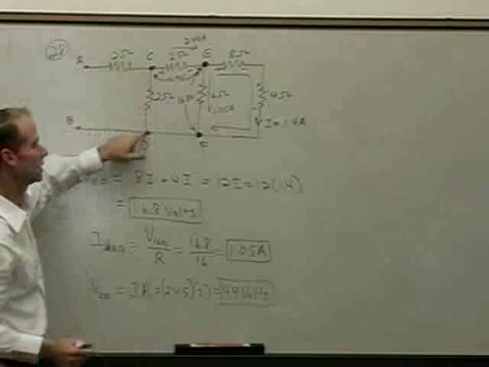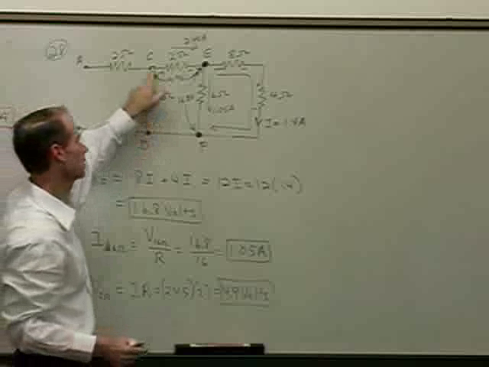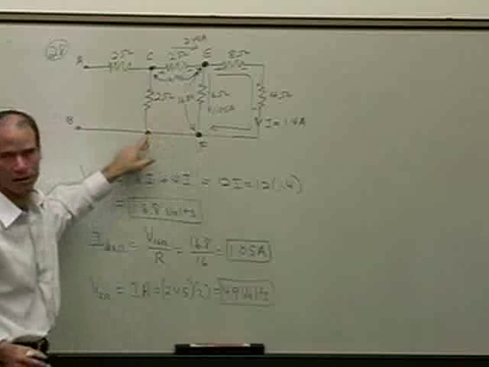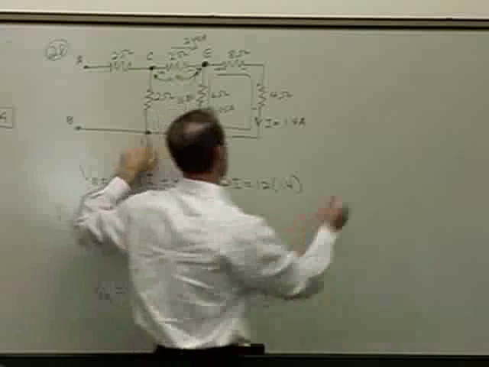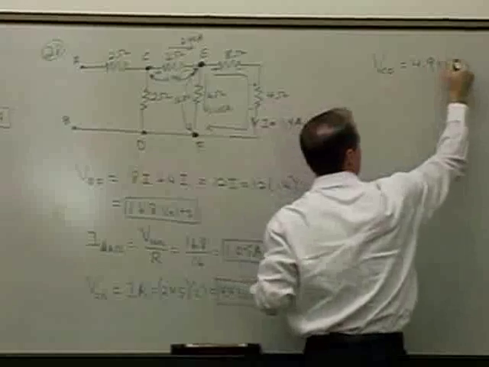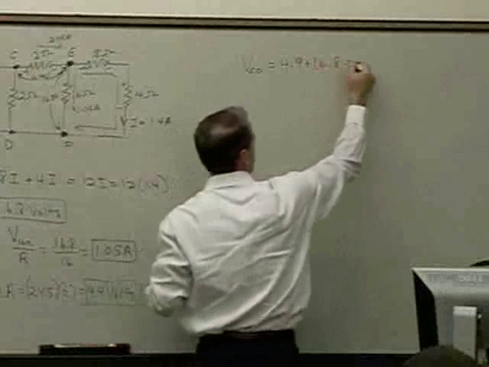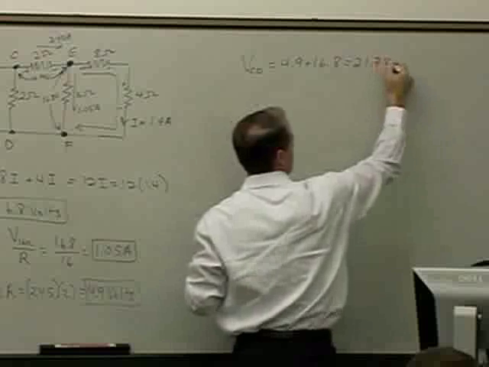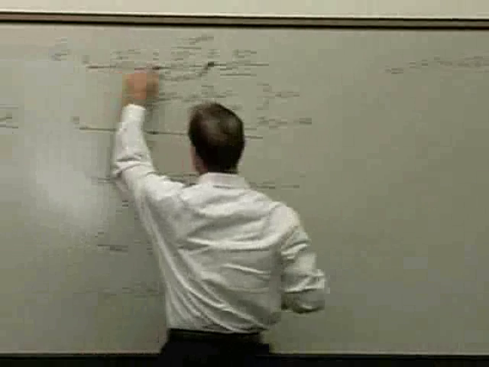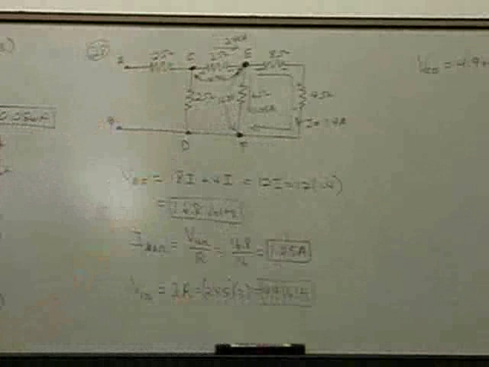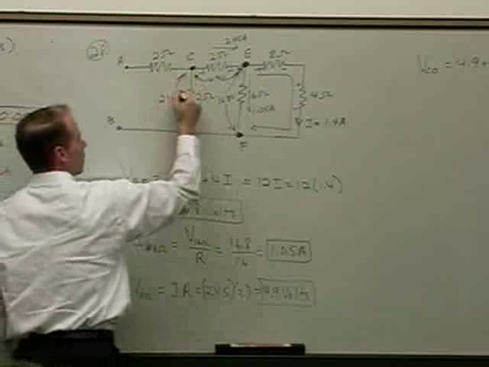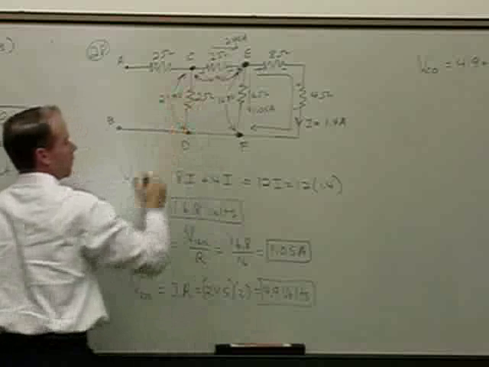So if I were going from C to D, I could go this way. I could say 4.9 volts plus 16.8 volts, and I'm there. So the voltage from C to D is 4.9 plus 16.8, or 21.7 volts. That's the voltage between this point and this point. Let's mark it. 21.7 volts between those 2 points right there.